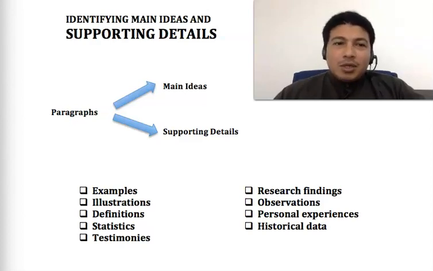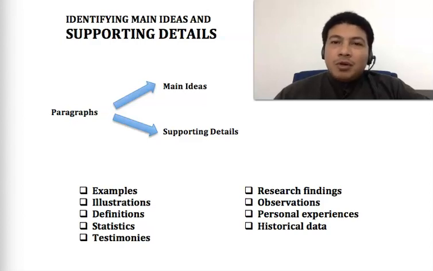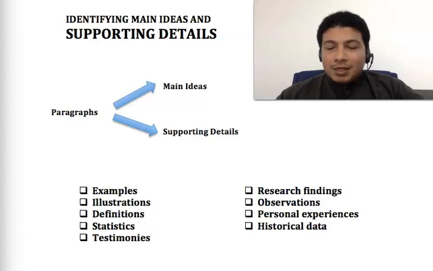So illustrations are introduced in paragraphs using expressions such as, for example, for instance, or the phrases an illustration of this is, or a case in point is. So those would be the phrases that you use to introduce illustrations as your supporting details.